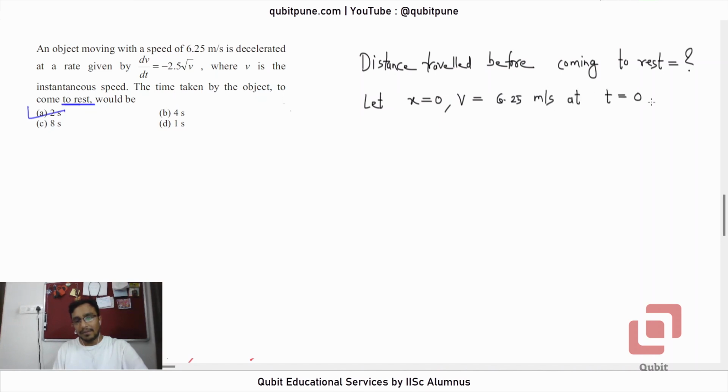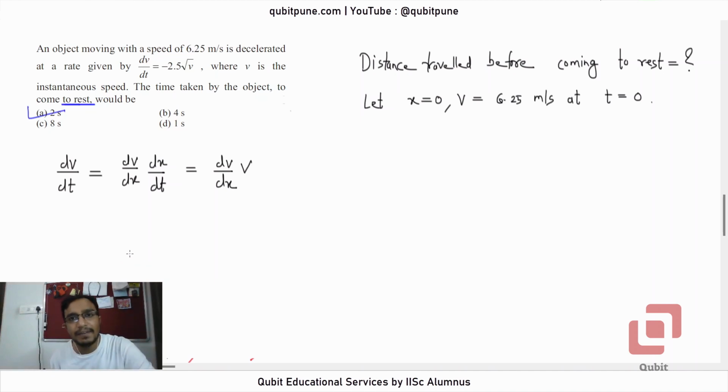Yes, Rajat, you were saying something. Okay, I'll help you out. Because we want to find the distance traveled, we may use this particular formula for acceleration, dv by dx into dx by dt. And then for dx by dt, let us replace it by v itself. Now look what has happened.